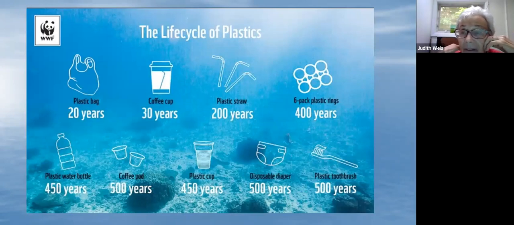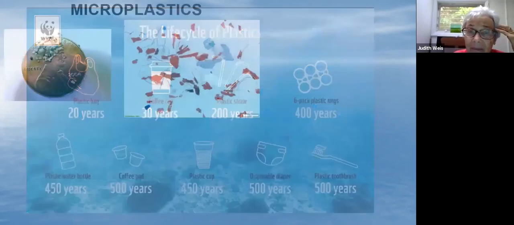Many of them do not degrade in the environment for hundreds of years, as you can see in this diagram. A plastic bag will break down in about 20 years, a coffee cup 30 years, but all these others are in the hundreds of years before they will chemically break down.